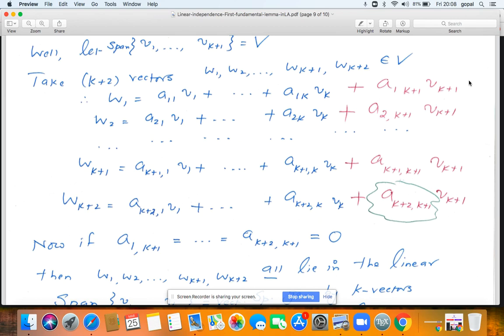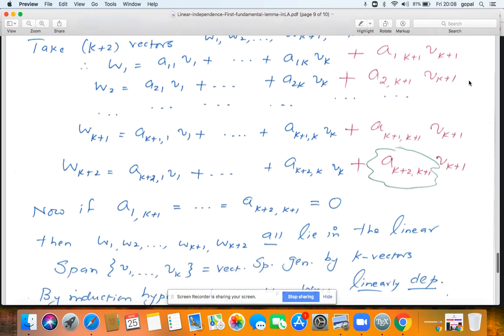The red terms disappear and w1, w2, wk plus 1, wk plus 2 are all linear combinations of how many vectors? K vectors. So w1, w2, wk plus 2 lie in the linear span of v1, v2, vk. And that's a vector space generated by how many vectors? K vectors. And so by induction hypothesis, they are linearly dependent. So that establishes the case when the red terms are all 0.